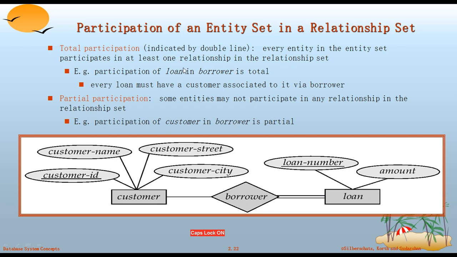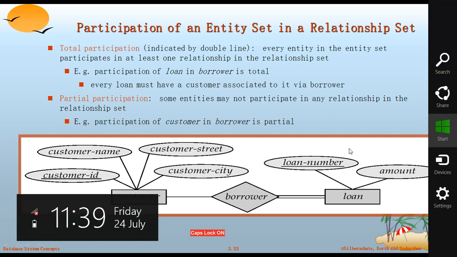For example, participation of loan in borrower is total, meaning every loan must have a customer associated with it via borrower. And partial participation: some entities may not participate in the relationship set. For example, participation of customer in borrower is partial, since some may not have a loan.